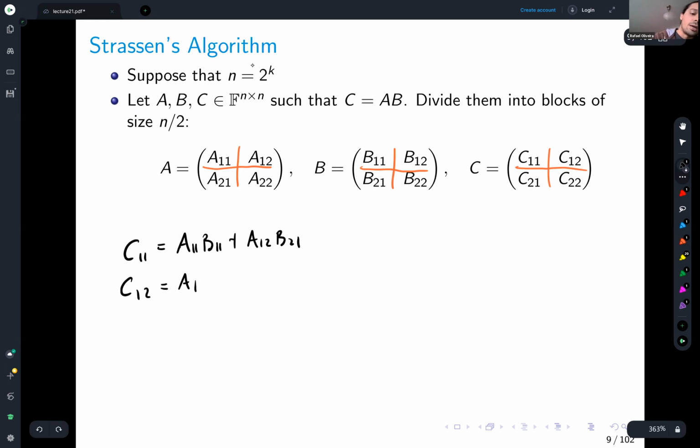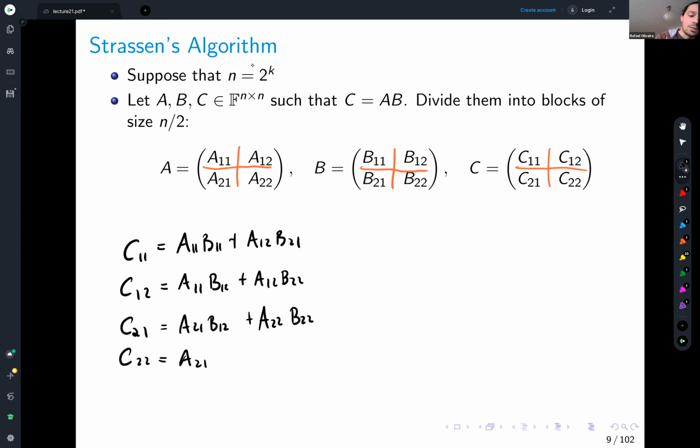C12 is equal to A11 B12 plus A12 B22, and then C21 is equal to A21 B11 plus A22 B21, and C22 will be equal to A21 B12 plus A22 B22.